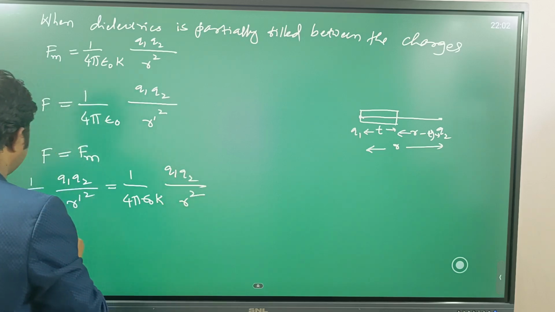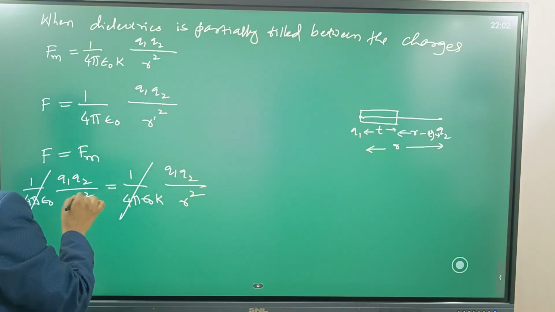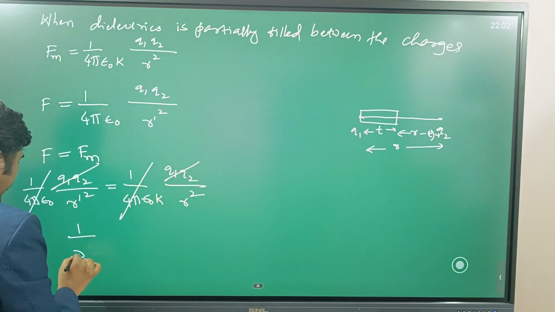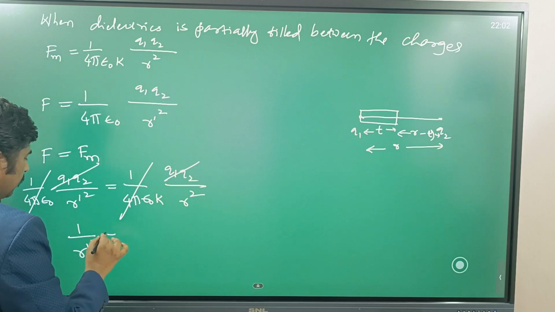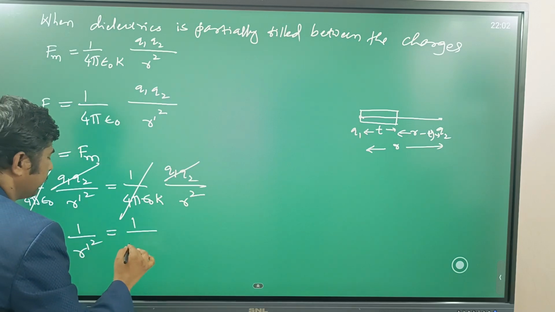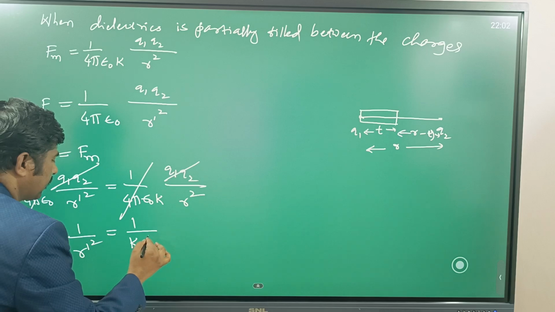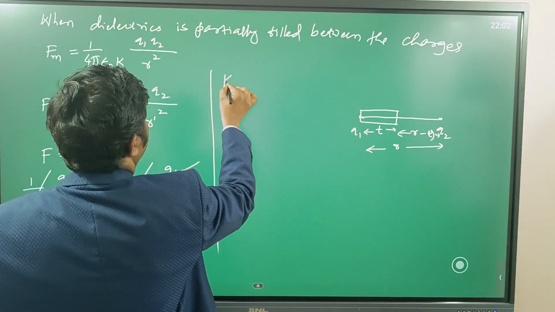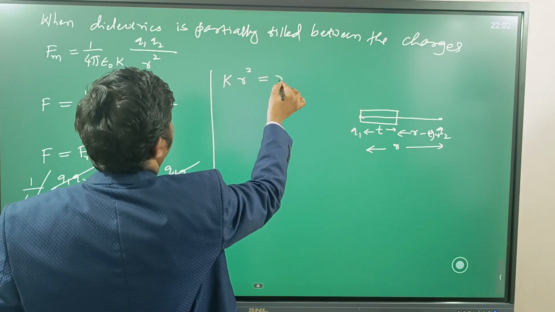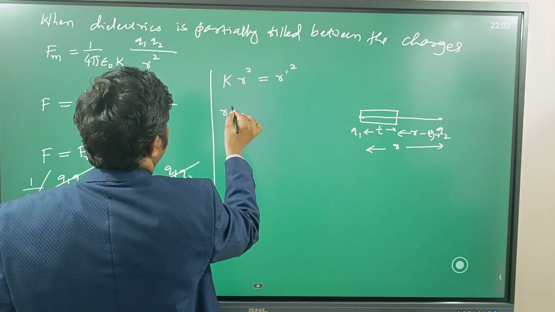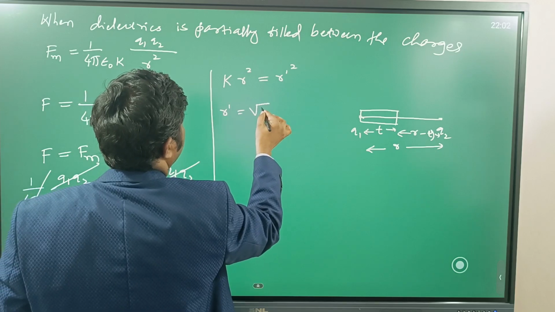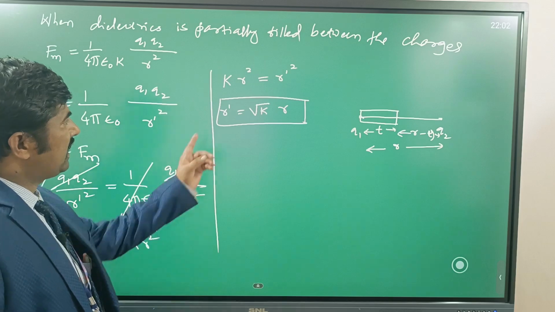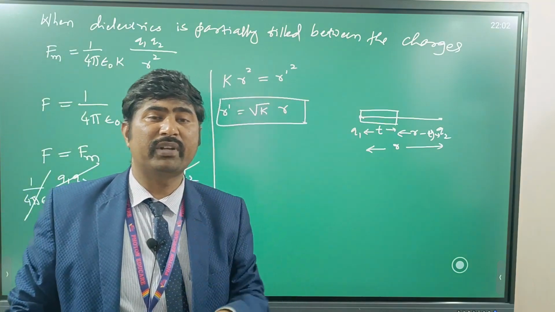What terms can cancel here? 1 by 4 pi epsilon naught and Q1 Q2 cancel, then 1 by R dash square is equal to 1 divided by K R square. Taking it to the numerator, K R square is equal to R dash square, so R dash is equal to square root of K into R. So R dash is the effective distance.